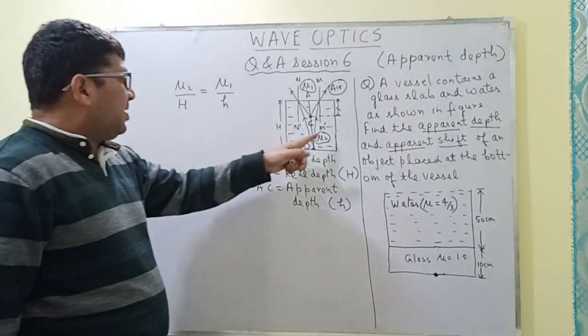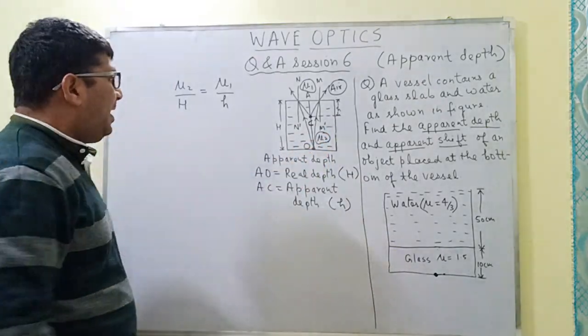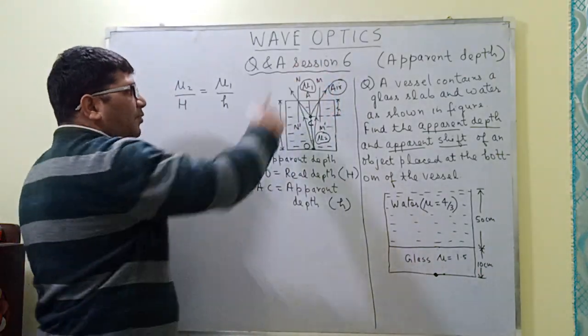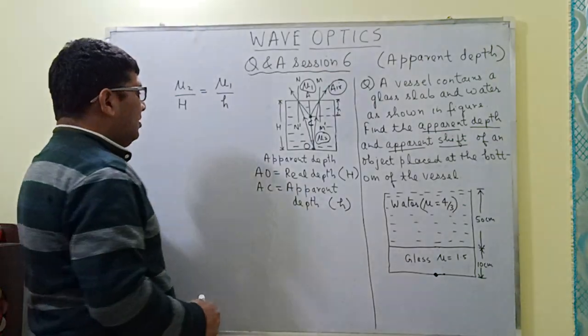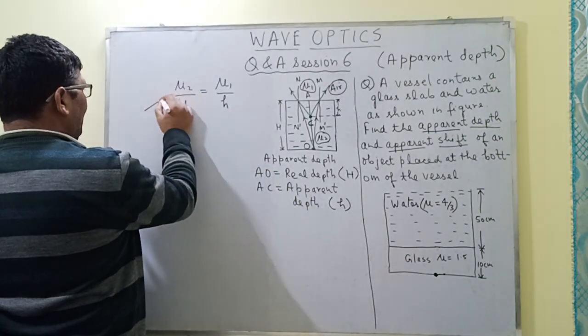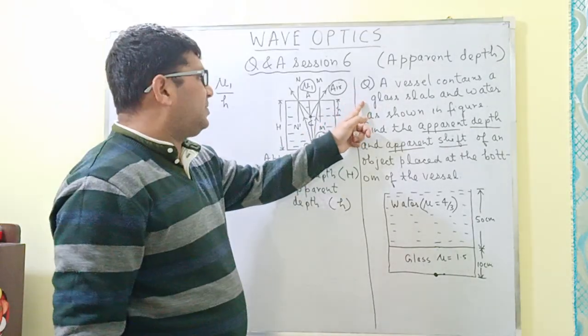Mu2 is the absolute refractive index of the medium in which it is kept, and mu1 is the absolute refractive index of the medium from where that person is seeing this object. So now I will be using this formula in order to find the solution of this question.